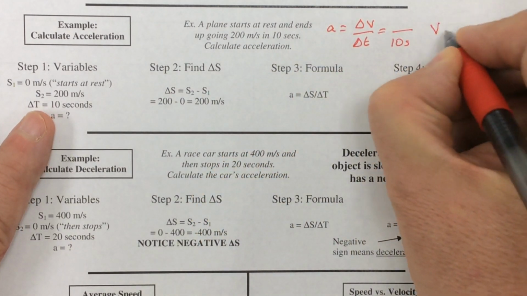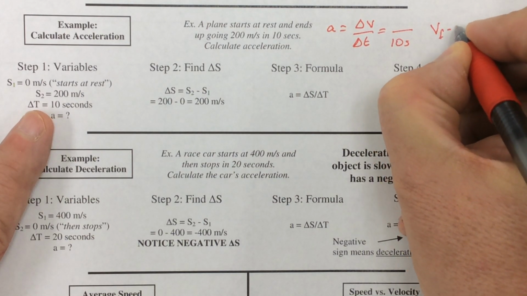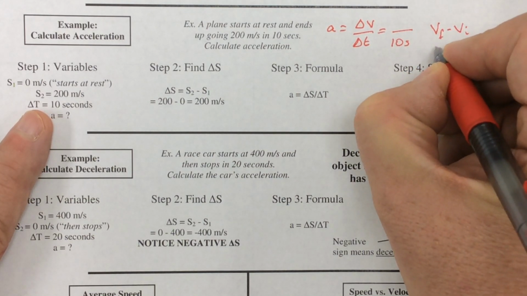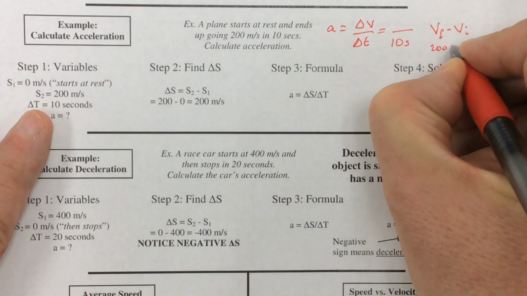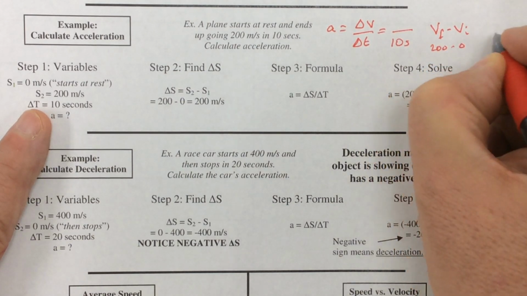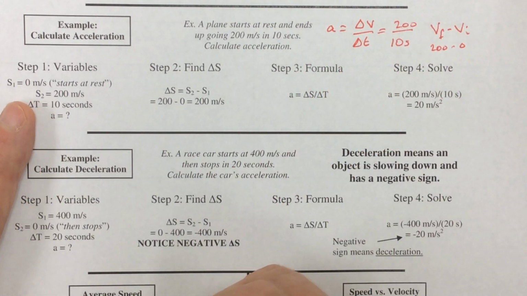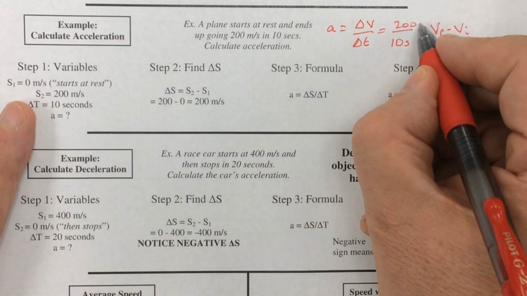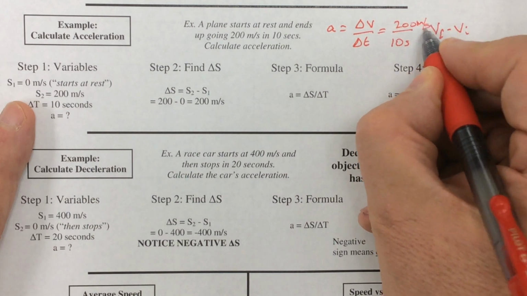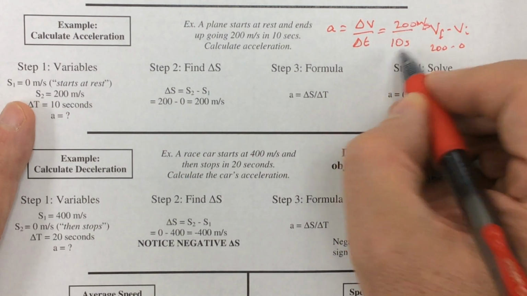So velocity final minus velocity initial. Final is 200, and initial starts at rest, so it's going to have a change of 200 meters per second, and it changes in 10 seconds.